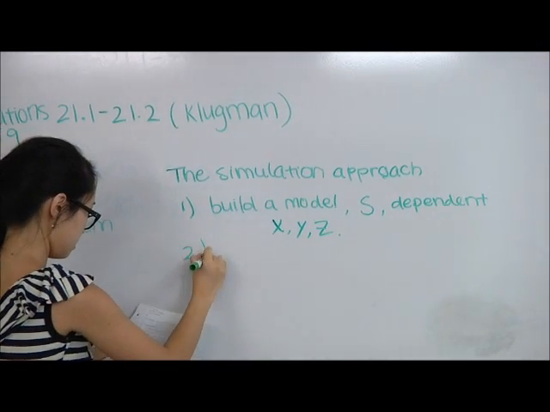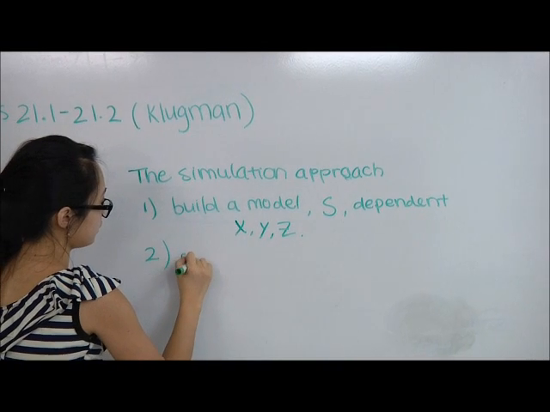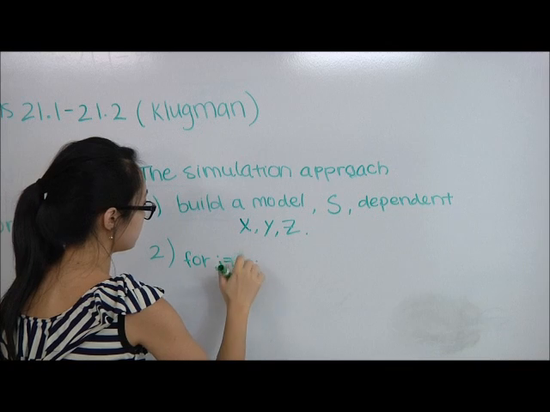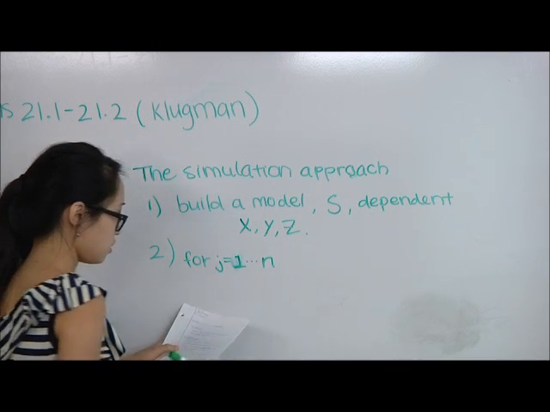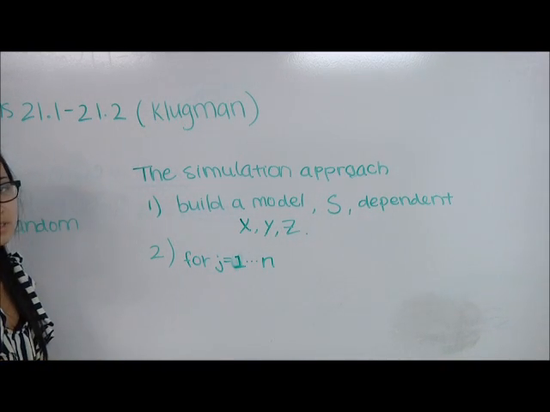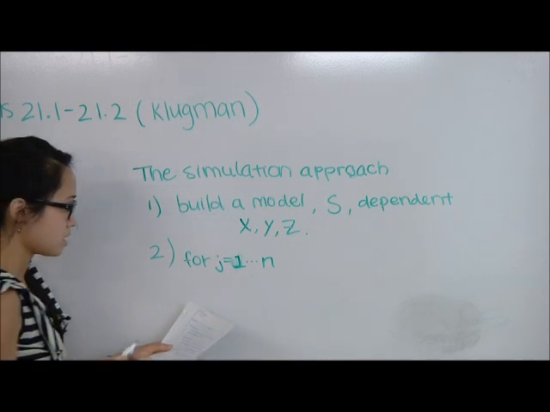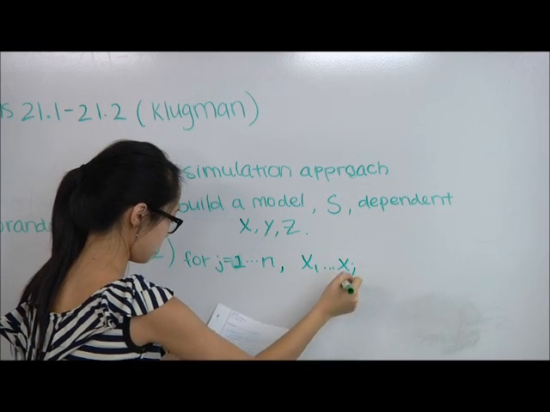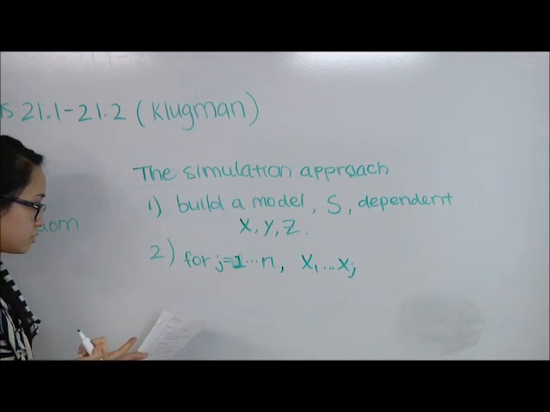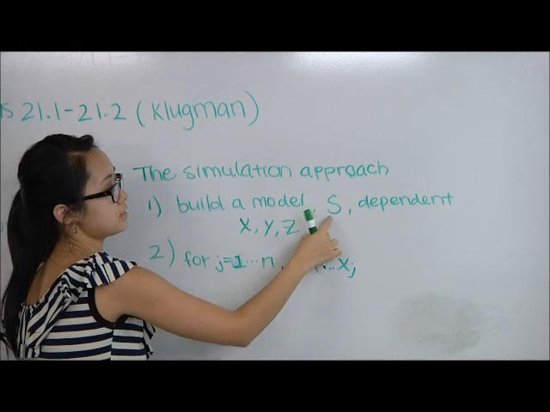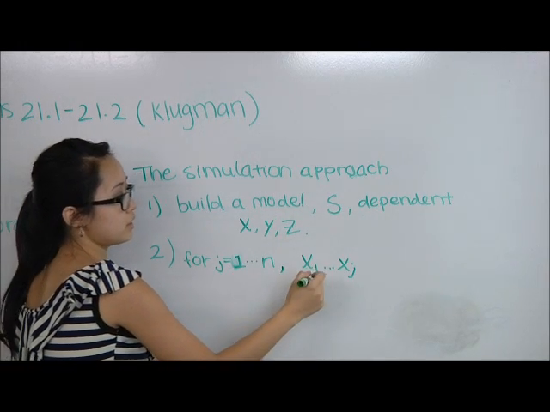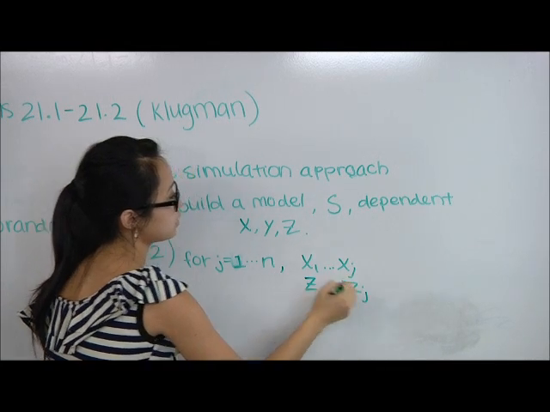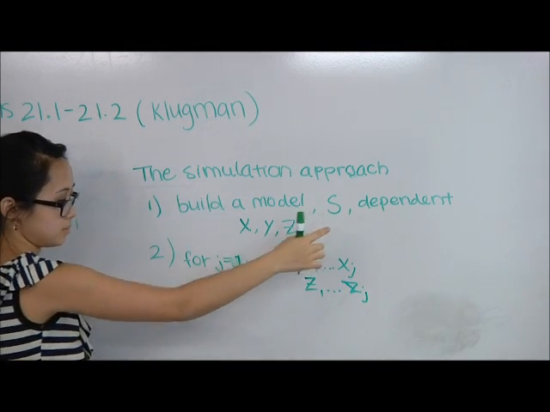Step 2: for j equals 1 all the way to n, we generate pseudo-random values with whatever generator we're using, called x_1 all the way to x_j, and then we compute S using the model from step 1. Since we know how S depends on X, Y, and Z, once we generate all of these values, we can compute the value of S.